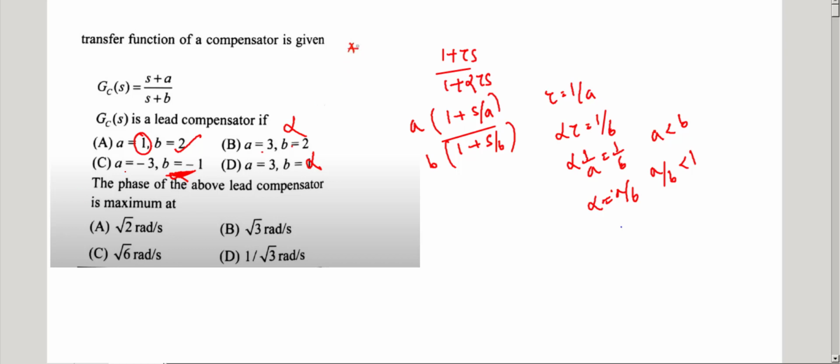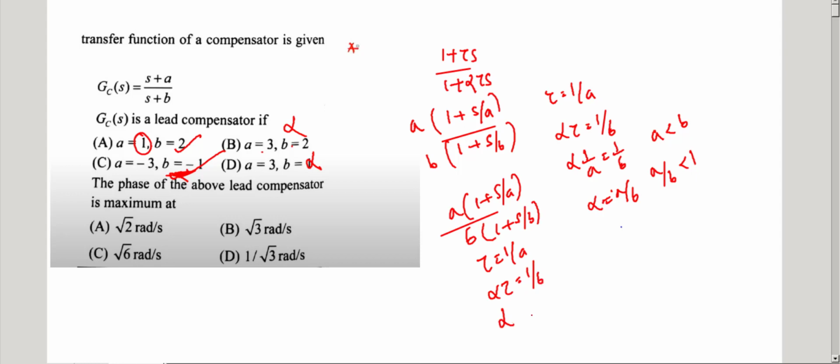Okay, it will be satisfied. Further, a into 1 plus s by a, b into 1 plus s by b, tau is 1 by a, alpha tau is 1 by b, alpha is a by b, for a lead compensator a less than b. Okay, right. So this also has a less than b. Okay, take these two options and remove the other two.